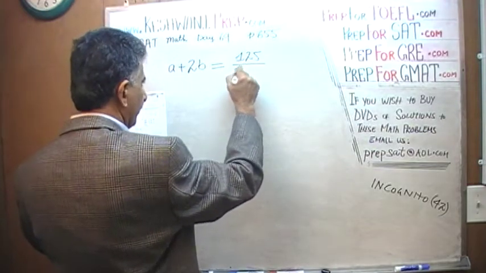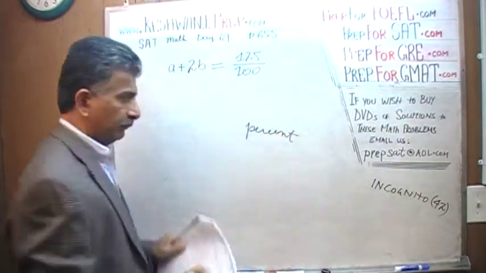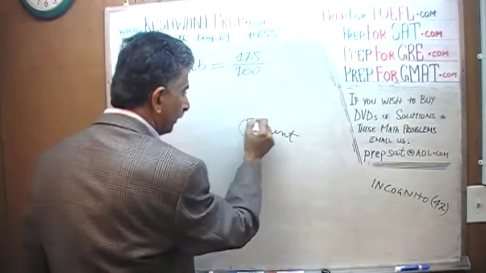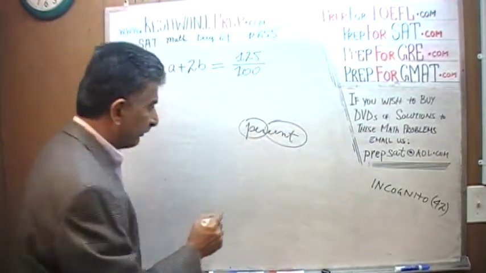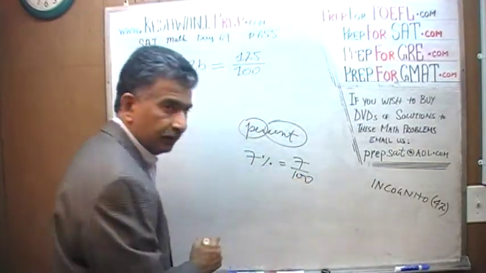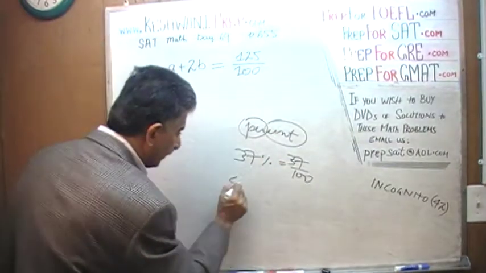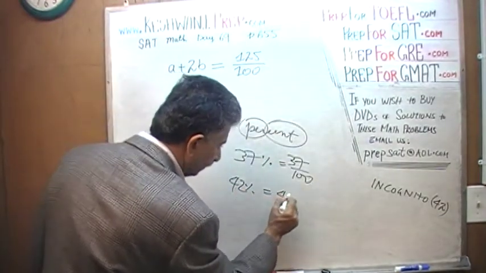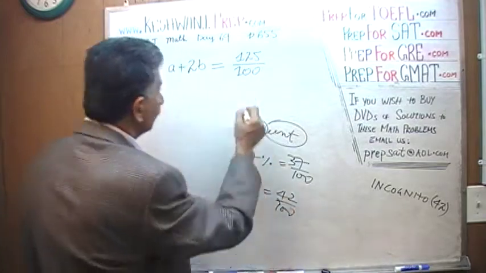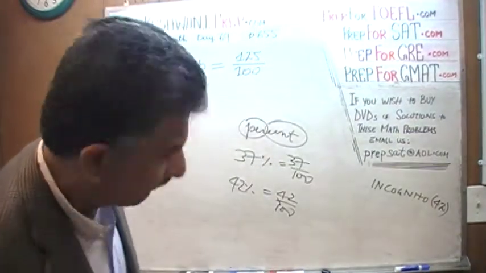Percent means over 100. That's what the word percent means. Percent literally means per 100. 7% means 7 out of 100. 37% means 37 out of 100. 42% means 42 out of 100. So 125% means 125 divided by 100.